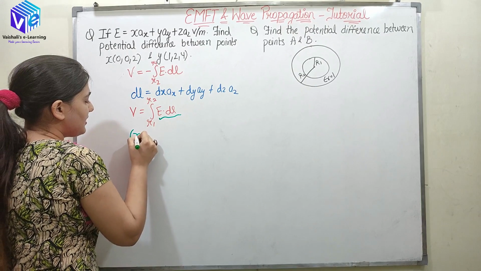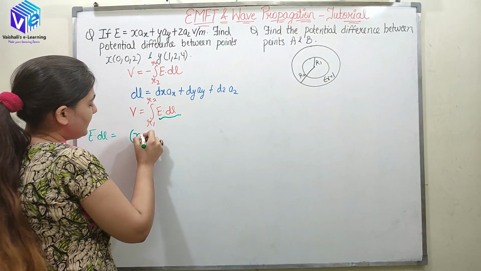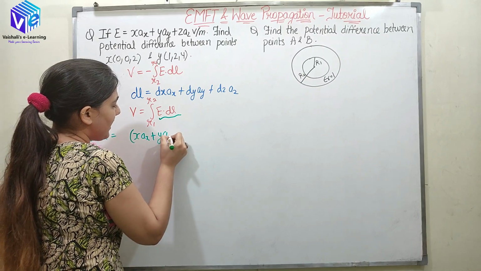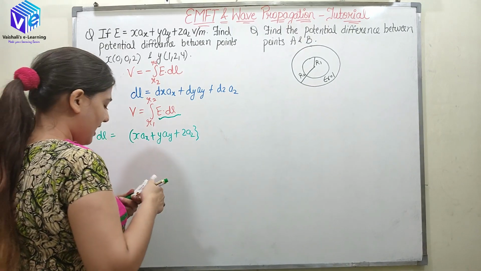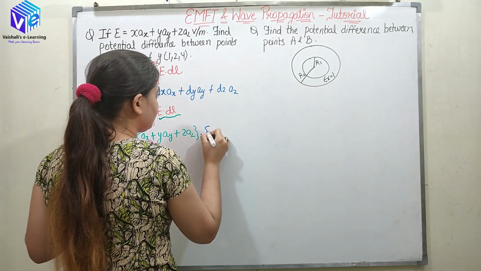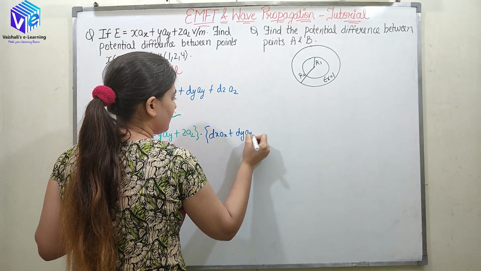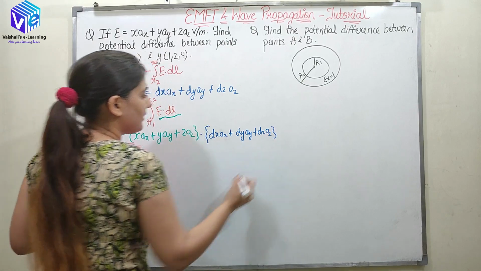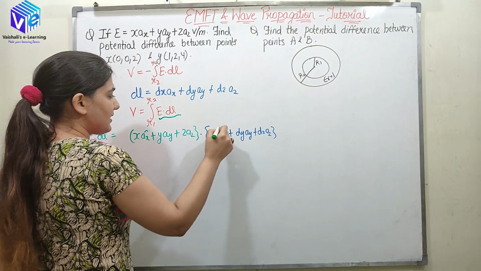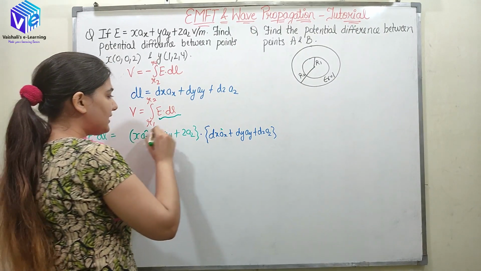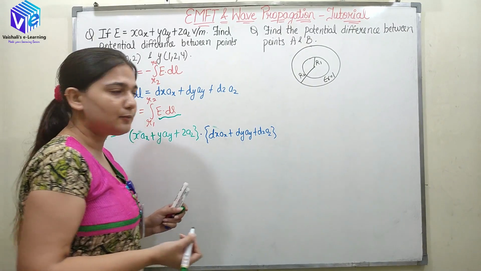E is x ax plus y ay plus z az, and we have to take its dot product with dx ax plus dy ay plus dz az. Now I know the dot product: ax dot ax will be 1, but ax dot ay or ax dot az will be 0.